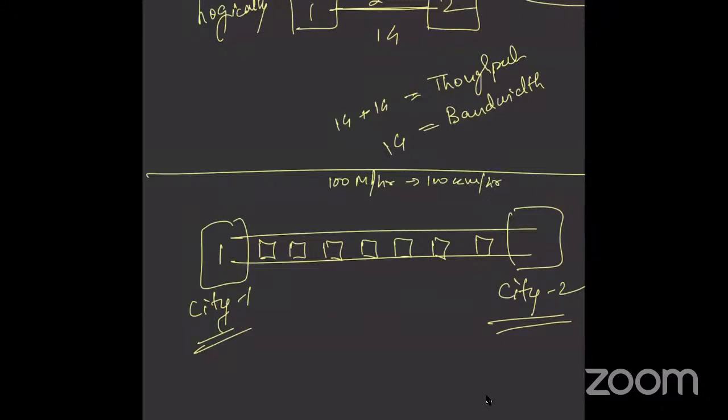Now, what is going to happen? Now there is one more highway added between these two cities. So cars are going to start going on that highway as well. So what is the end result of that? You decrease the load on one by sharing it between both, so it makes it quicker for traffic to go.